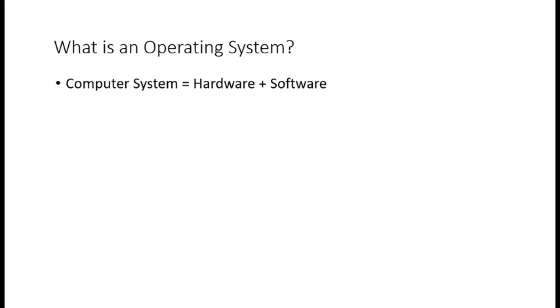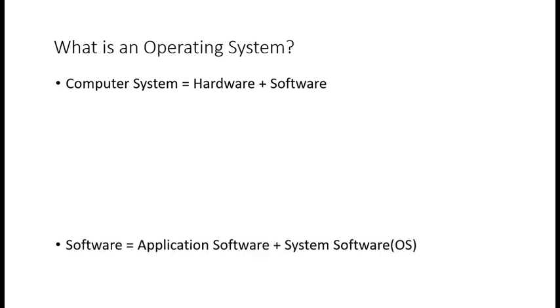If a user wants to communicate with the computer hardware, he or she cannot talk in English or Hindi or Bengali, because the computer hardware does not understand that language. Therefore, there should be some intermediate medium that will communicate between the user and the hardware. Whatever the user instructs, the hardware will work according to the instruction.